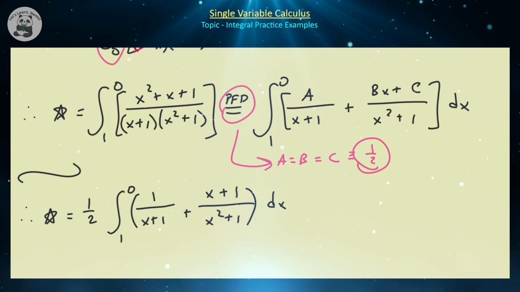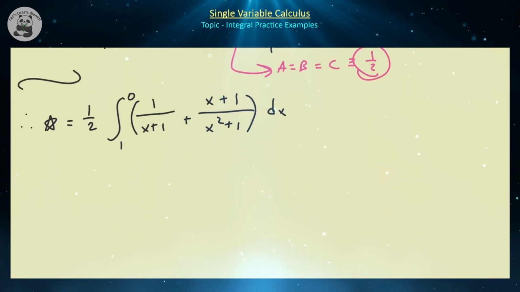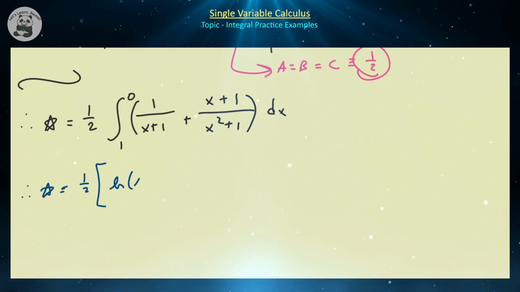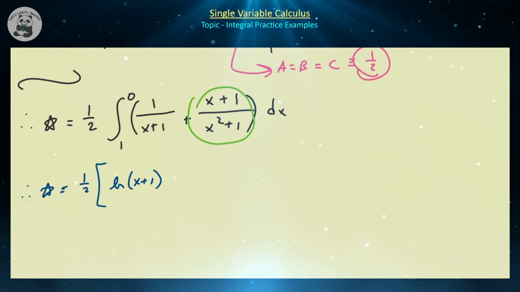So this 1 over x plus 1 term is actually pretty easy to integrate. You probably already know what it is. So that's going to come out to 1/2 times the natural log of x plus 1. And then this next term is that same completing the square, use substitution, natural log type of thing that we talked about in the last couple examples.